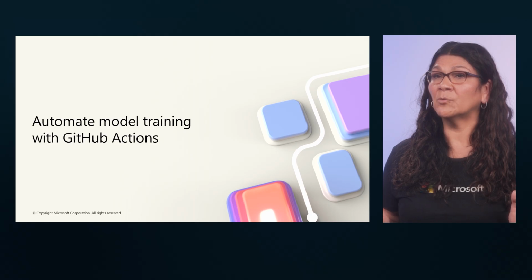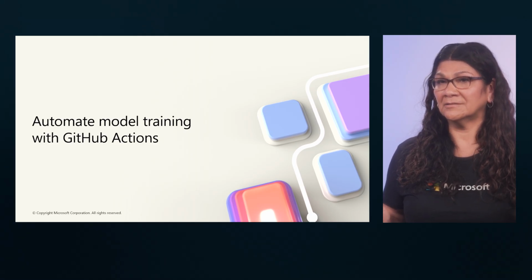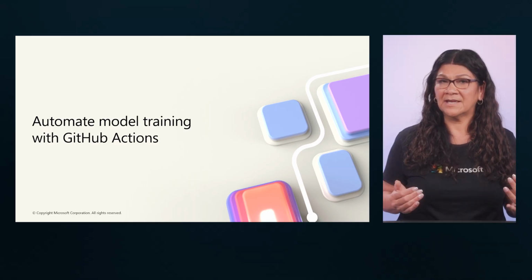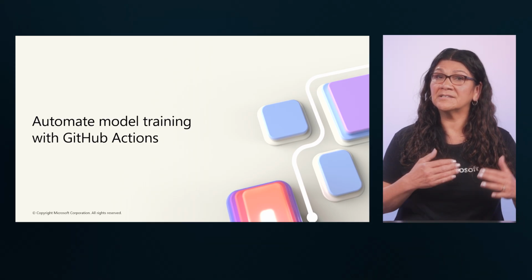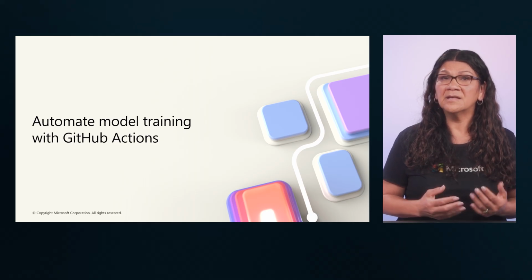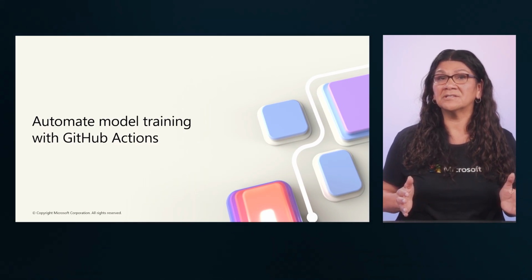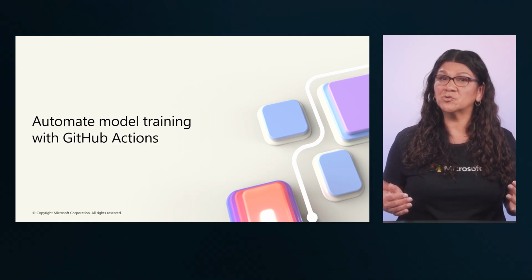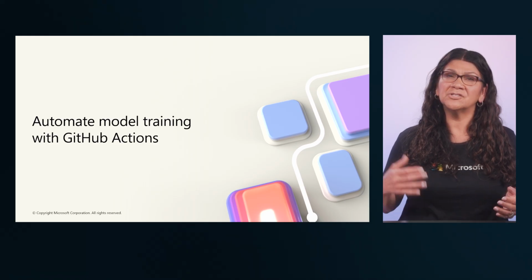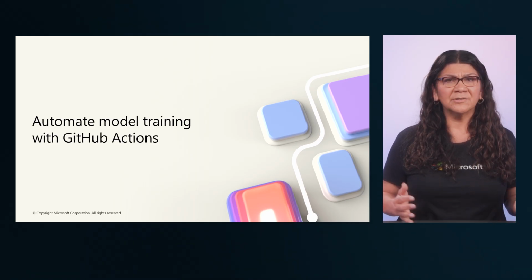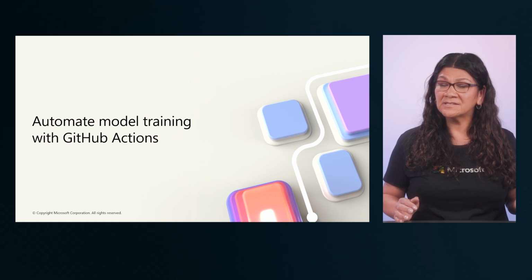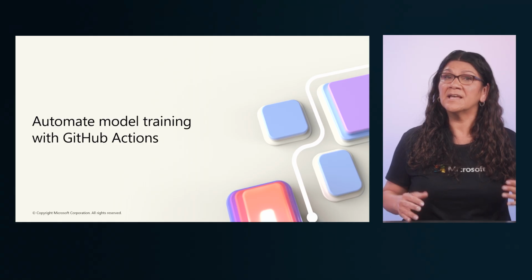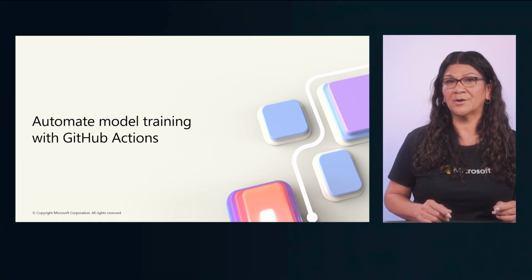In modern ML workflows, training a model once isn't enough. You need a way to automate training so improvements happen continuously and reliably. This is where GitHub Actions and Azure Machine Learning come together. By connecting your source code repository to automated workflows, every important change, like a new data set, updated training script, or a merged pull request, can trigger model training automatically.